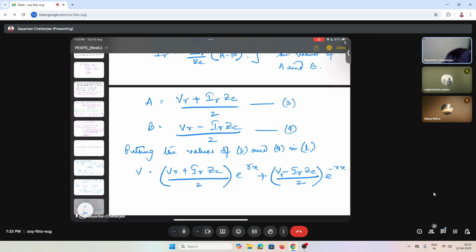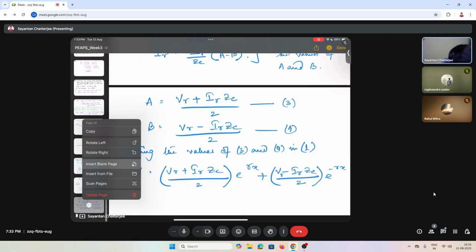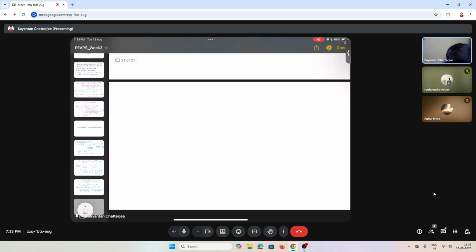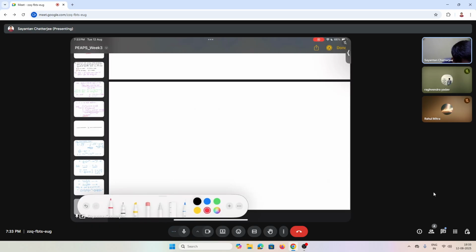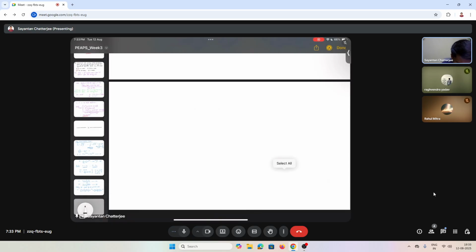So this expression, we will have to keep in mind. With that, we can switch to the numerical. I hope this is clear, and as per the requirement, we will discuss. So let's start with the numerical, and accordingly we'll take the values one by one, as required.